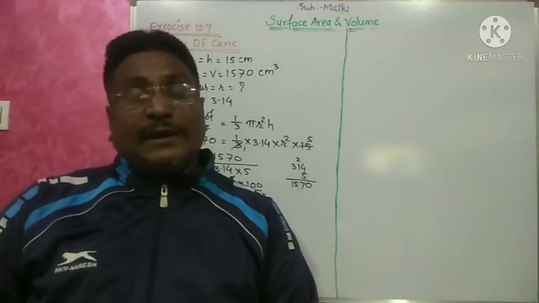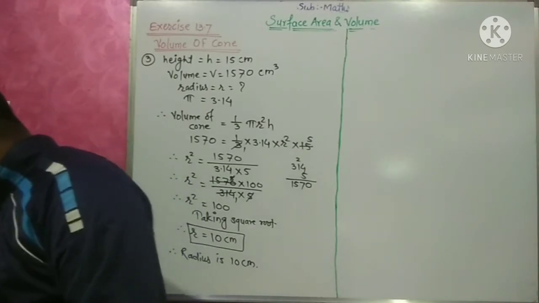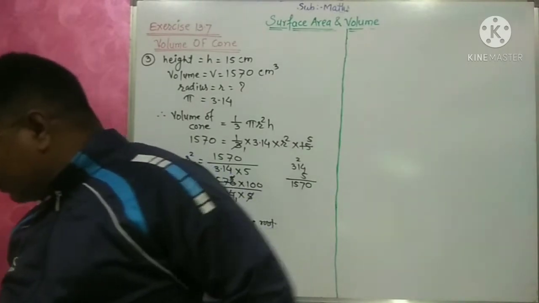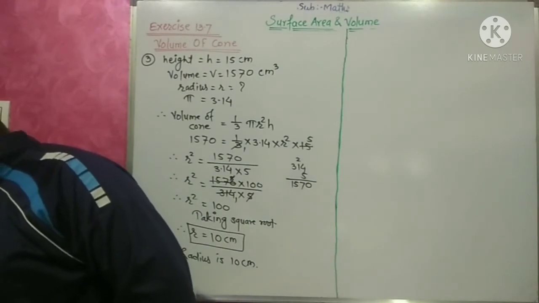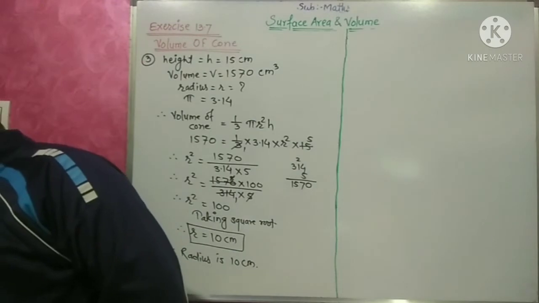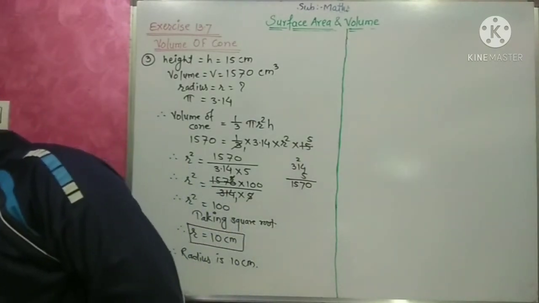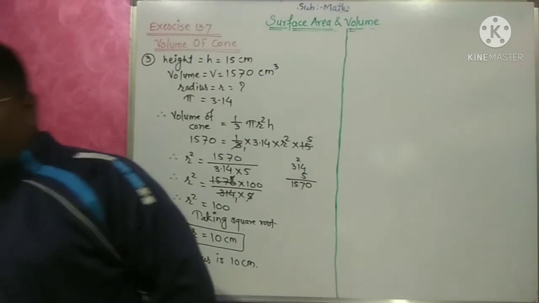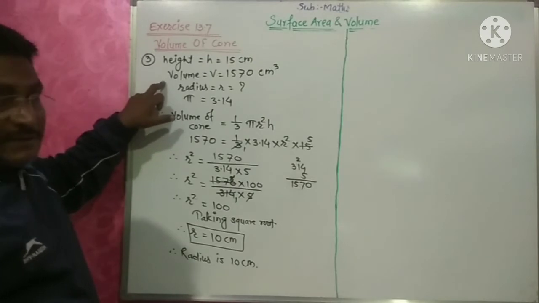Now we will go on to the next question. The next question is the fourth. What is given here in the fourth question? Volume of right circular cone of height 9 centimeter is 48 pi cubic centimeter. Find the diameter of the base. Same way, height is given, volume is given.